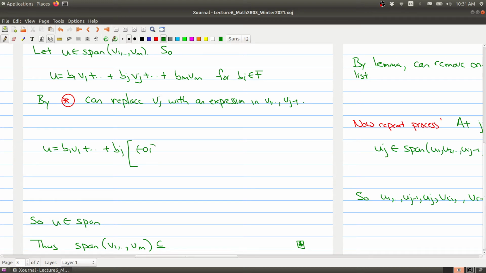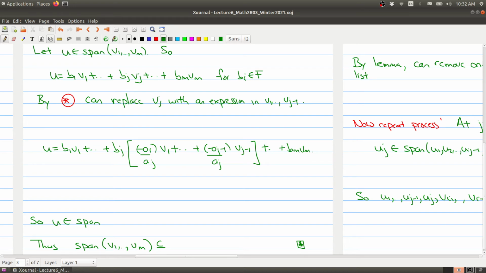So it's negative a1 over aj times v1, up to minus aj minus 1 over aj times vj minus 1. And then we throw in all the other terms we had to begin with, up to bm times vm. It's been broken up a little bit, but notice that we've taken u and written it in terms of v1, v2 up to vj minus 1, and then vj plus 1 up to vm. We've made the vj disappear.